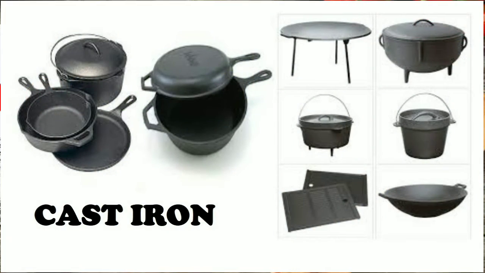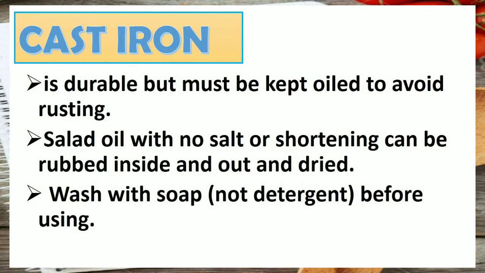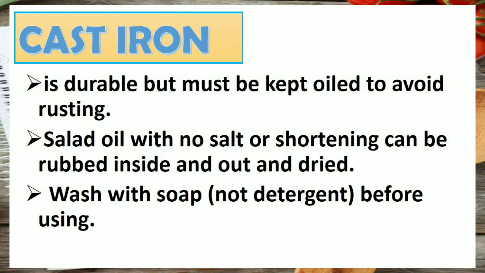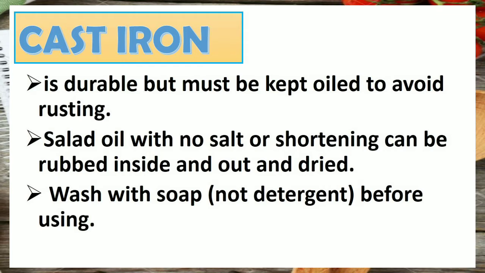Then we have this, the cast iron. The cast iron is durable but must be oiled to avoid rusting. Before we keep it, we have to put some oil, or salad oil with no salt or shortening can be rubbed inside and out and dried.